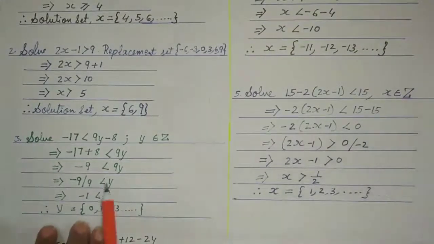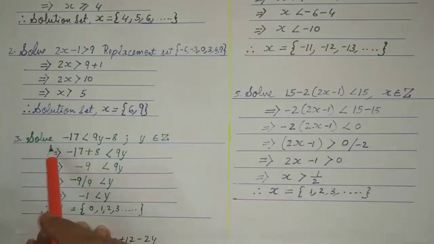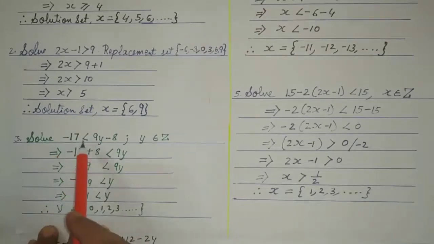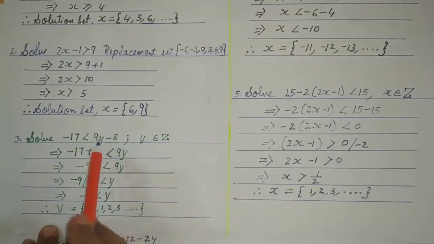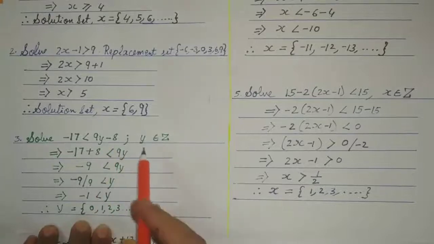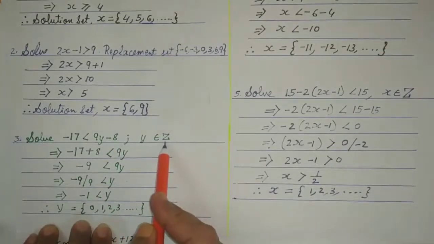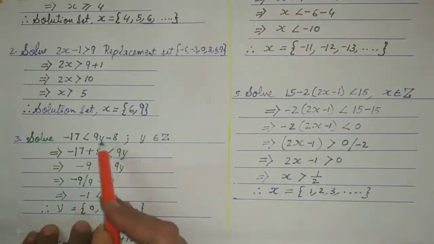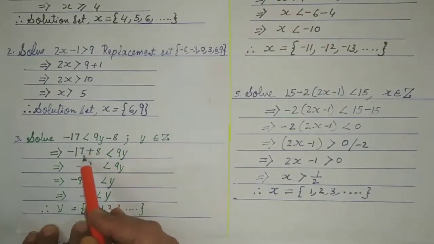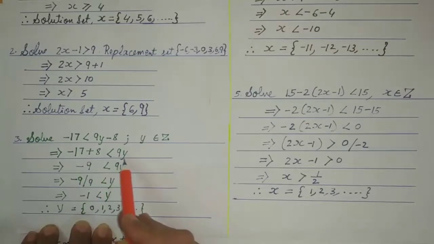The third question that I have taken for you is this. The inequation is minus 7 less than 9y minus 8, where the replacement set is y belongs to Z. Z means integers. So minus 8 comes to this side, that is minus 7 plus 8 is less than 9y, the sign doesn't change.